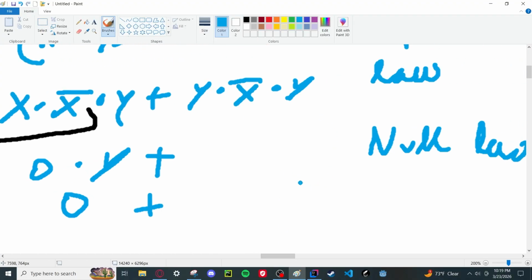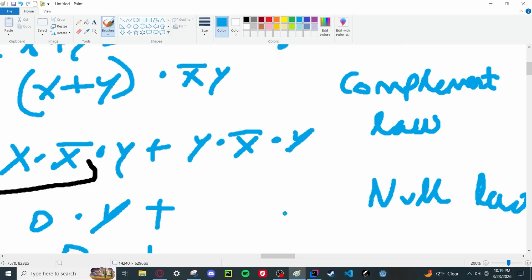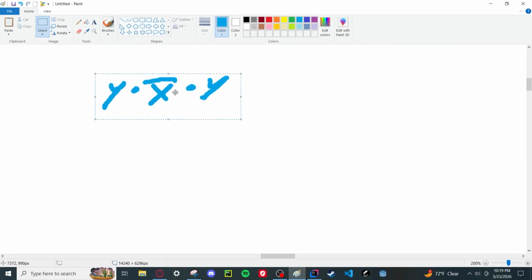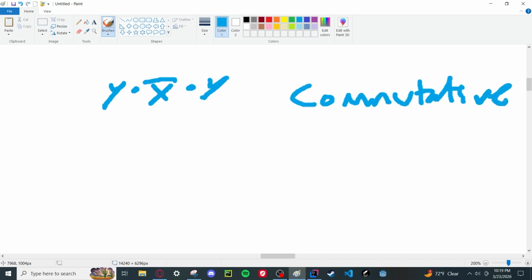Y times not x times y, well, we can simplify this. Here, let me just drag this out because it's starting to get kind of messy. We're looking at this, right? You can simplify this using the commutative law and say it's written like this, y times x naught.